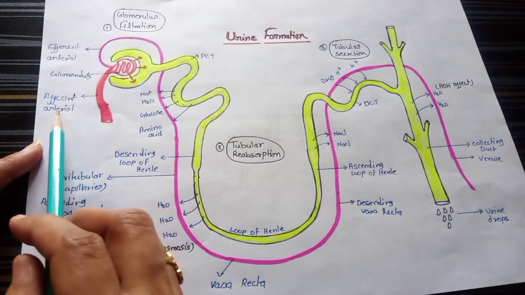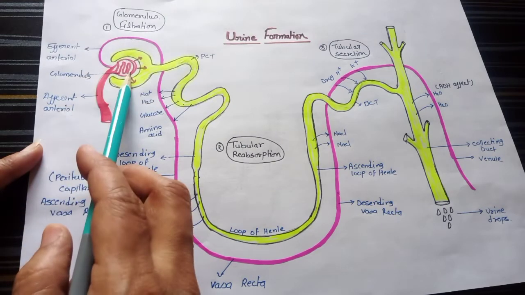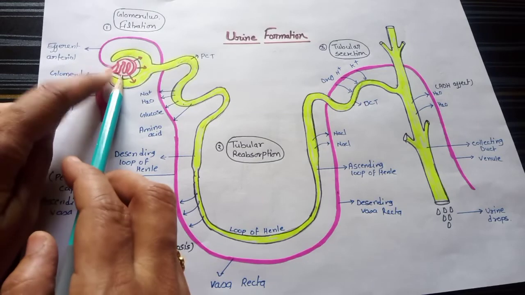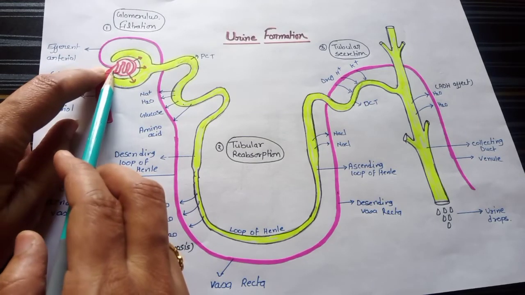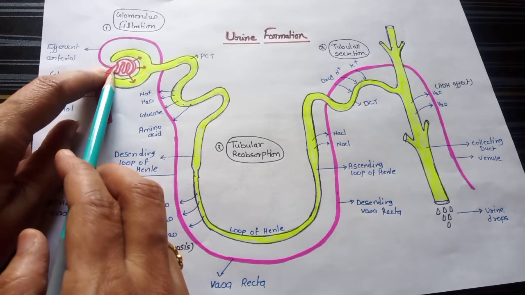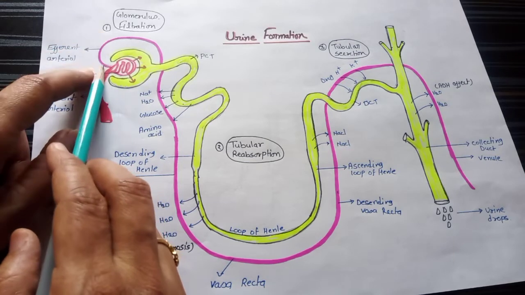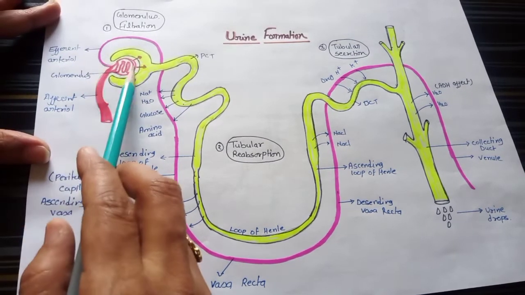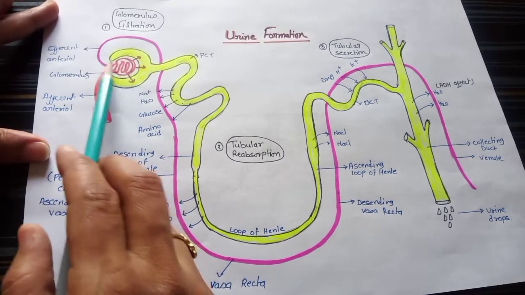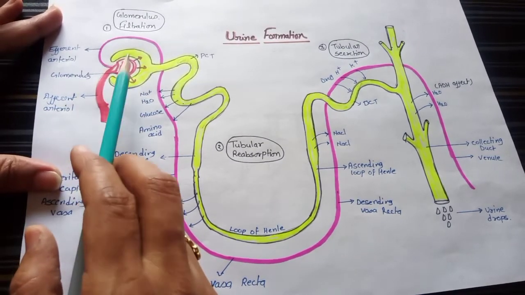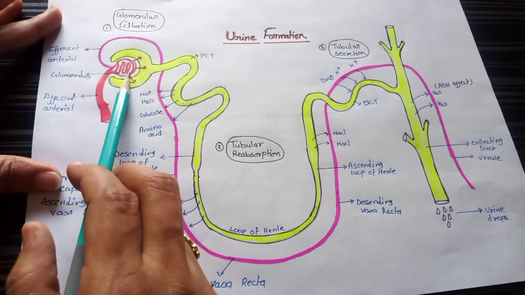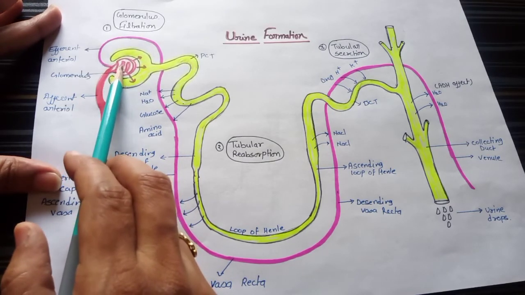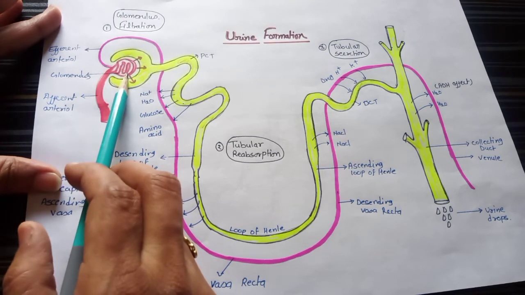Blood comes through the afferent arteriole and goes out through the efferent arteriole. The afferent arteriole is very wide and the efferent arteriole is very narrow. So when blood comes through the afferent arteriole, a large amount of blood comes into the glomerulus, but an equal amount of blood does not go out through the efferent arteriole, because it is very narrow. So the filtration has to be done in the glomerulus, which is just a network of capillaries.